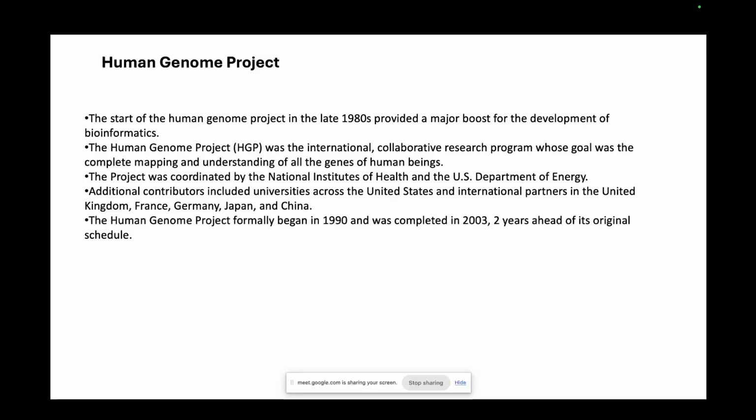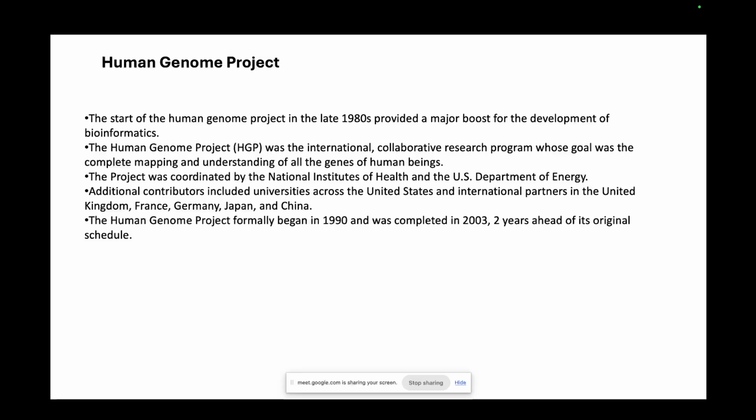This was an international collaboration started in 1980, and it took around 23 years to get completed, right? It was coordinated by the NIH, the National Institutes of Health, and some other countries like Japan, China, Germany, and the UK contributed to the project.